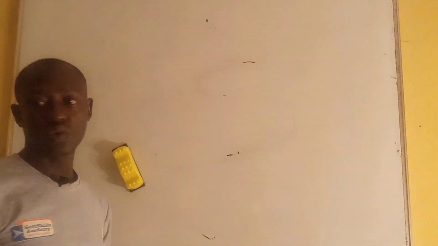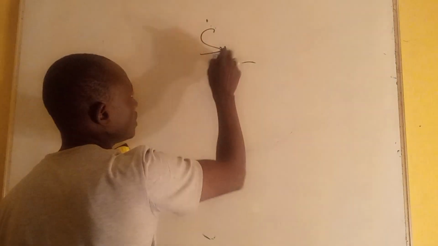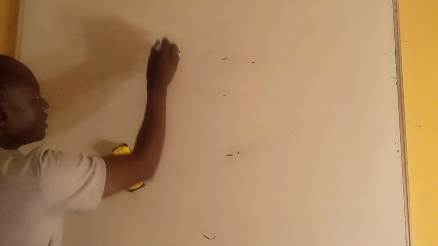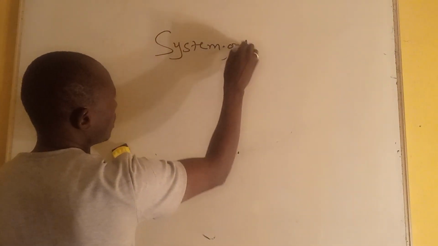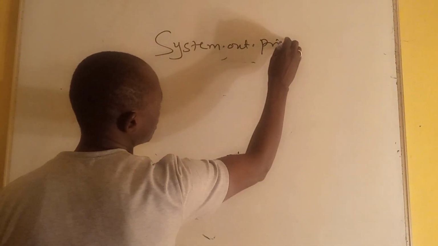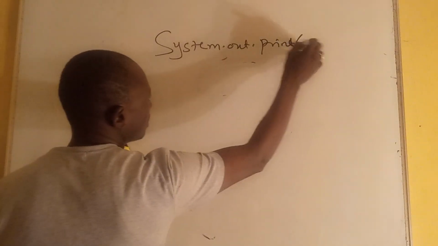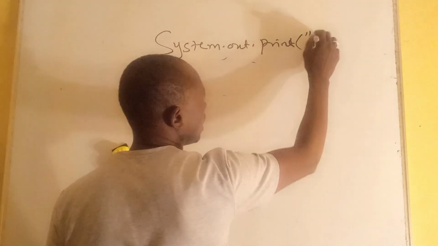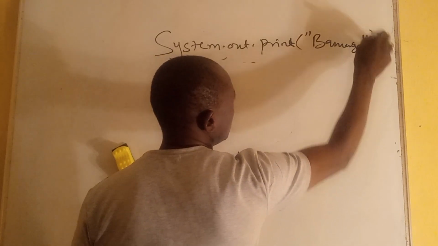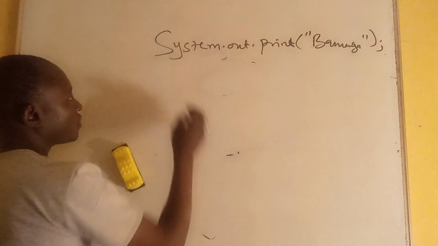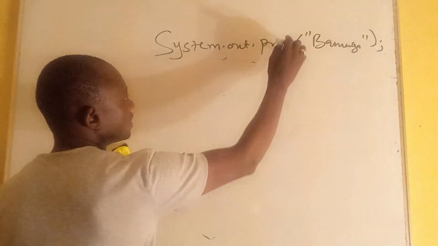We have what we call system.out.print, then you have what you're printing, semicolon. So this is just print.